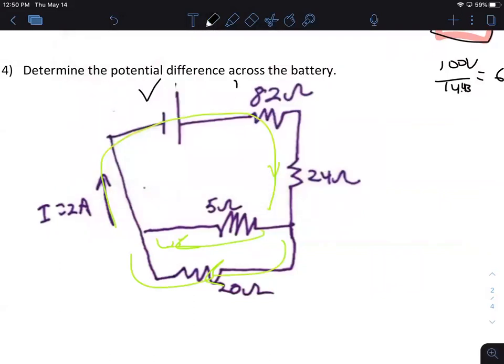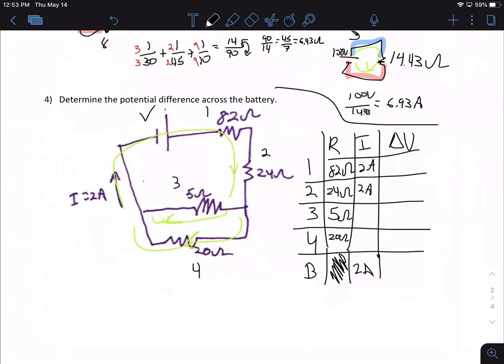Let's just call these 1, 2, 3, 4. We're going to pause to do some colors and make a table. All right, so this is the table. We've got the currents going through and splitting up. So these two, 1 and 2, get the full current. The battery gets the full current of 2 amps. Don't know the currents here, but I know they're going to add up to 2 amps.